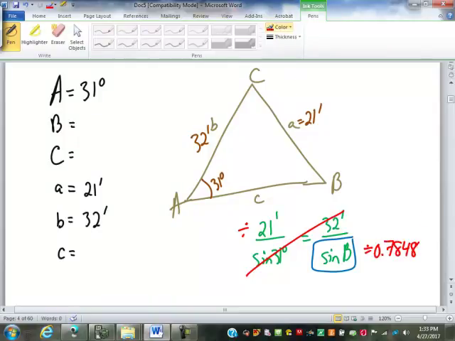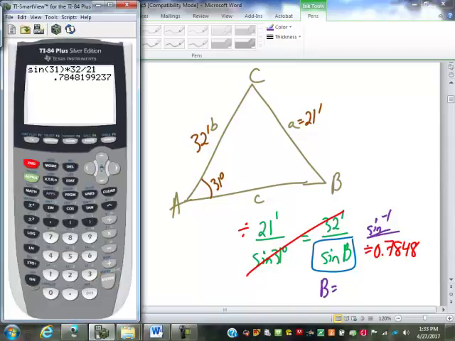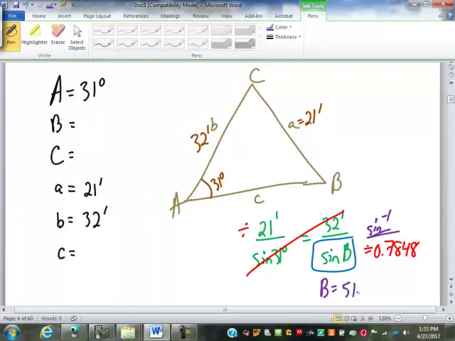What that means is angle B is the inverse sine of that. Right? So do second sine, second answer. 51.70 degrees. So that's saying angle B here is 51.70 degrees.